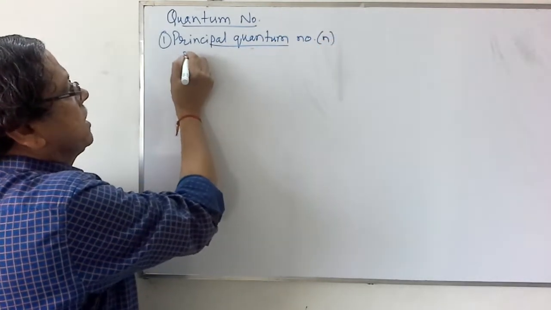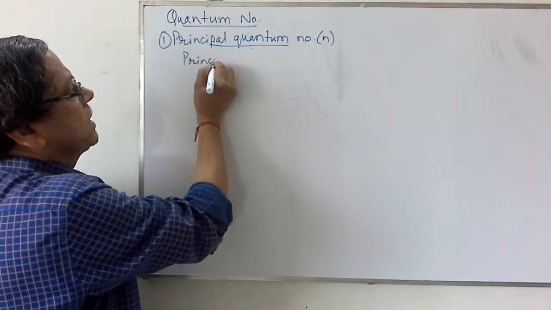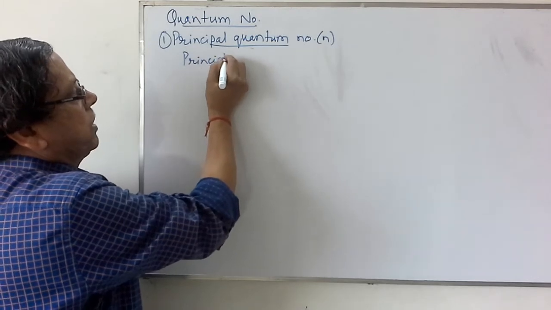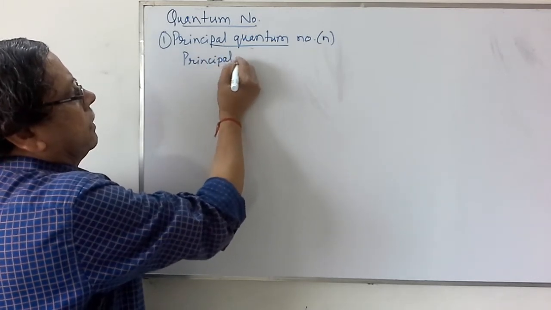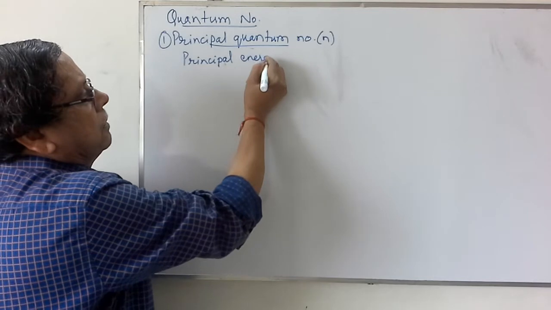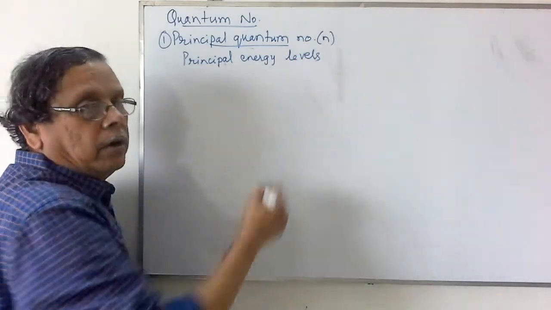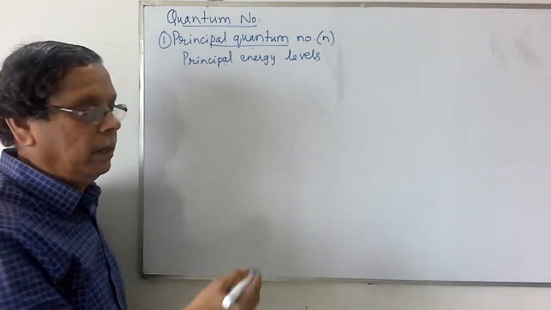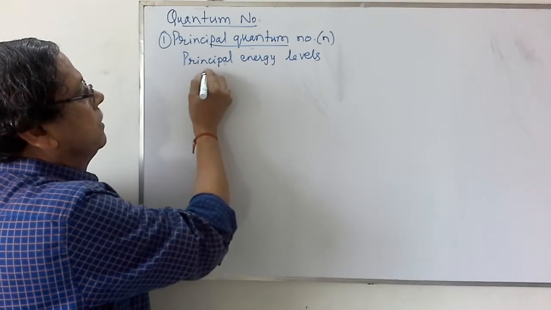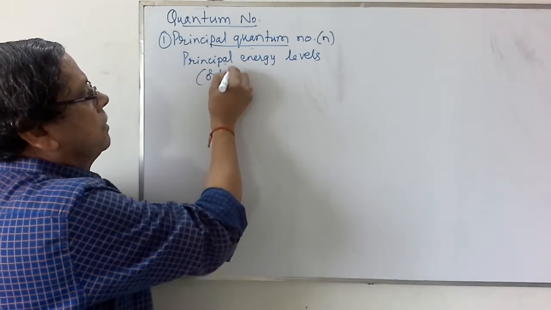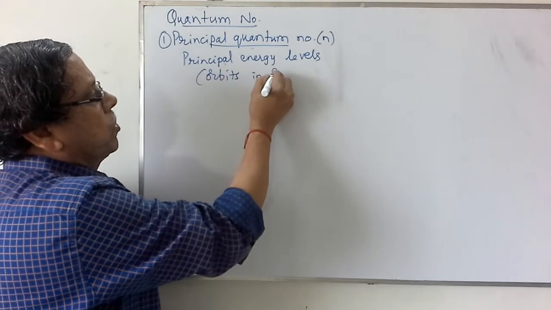This actually indicates the principal energy levels, that are indicated as orbits in the Bohr's model.